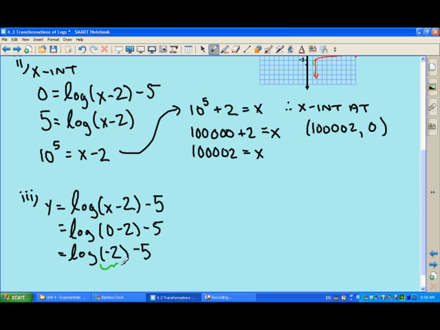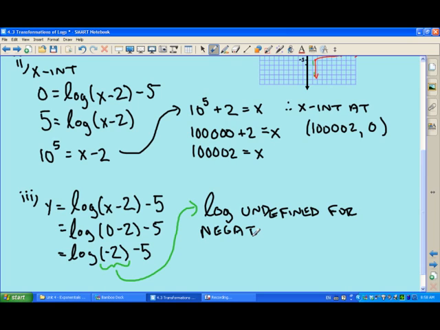I have a negative number inside my logarithm. The logarithm function is undefined for negative values. What this means is that there's no y-intercept.